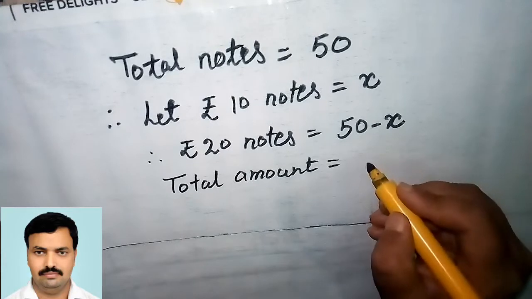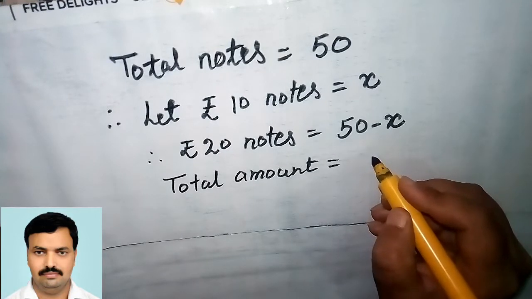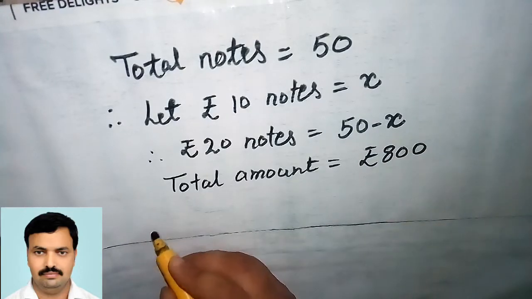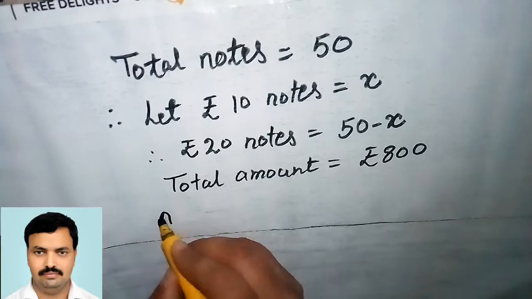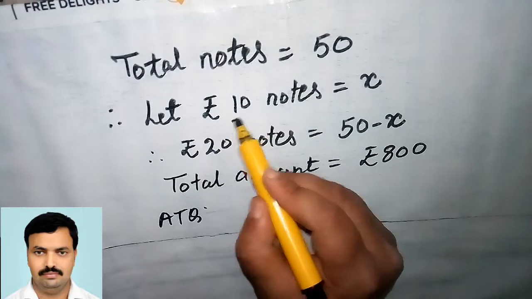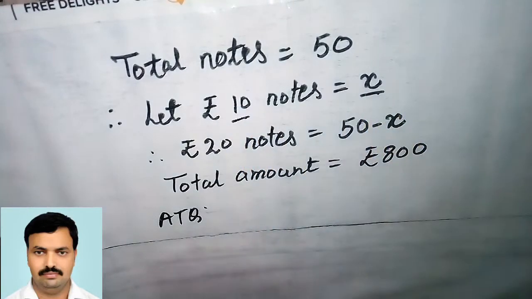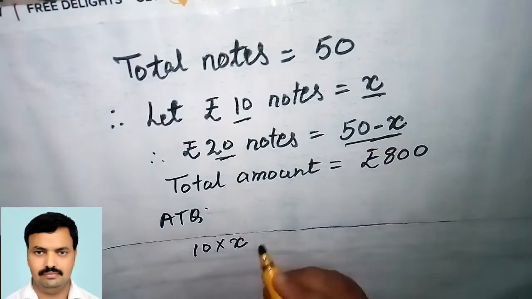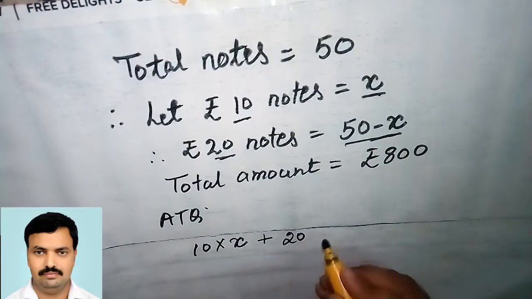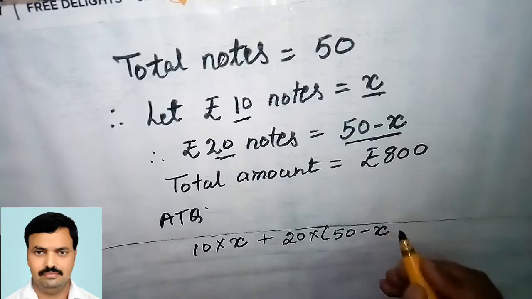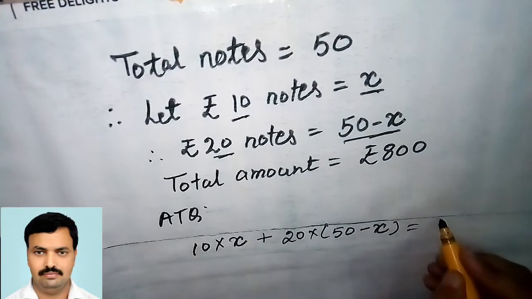Now remember your previous question. You know that total amount is given equal to rupees 800. So now like the previous concept we have done using notes, the value of notes multiplied by its number means 10 into X plus 20 into number of notes, that is 20 into 50 minus X, is equal to total amount, that is 800.